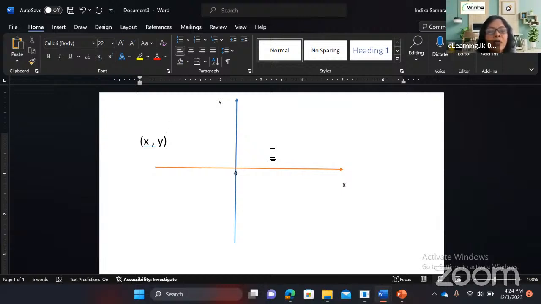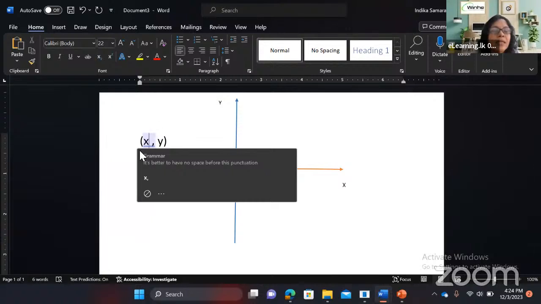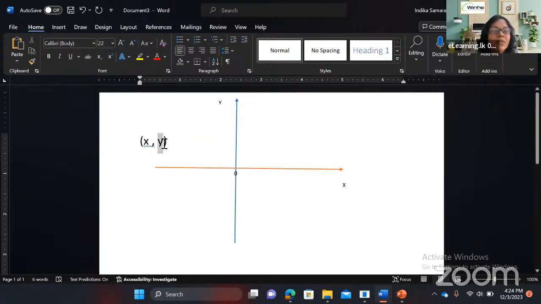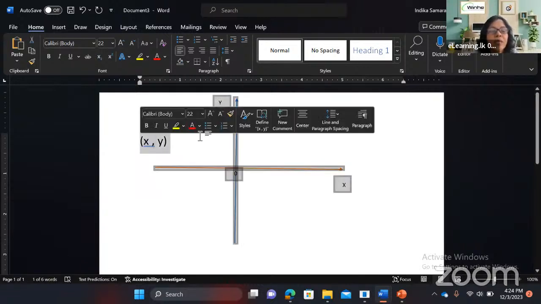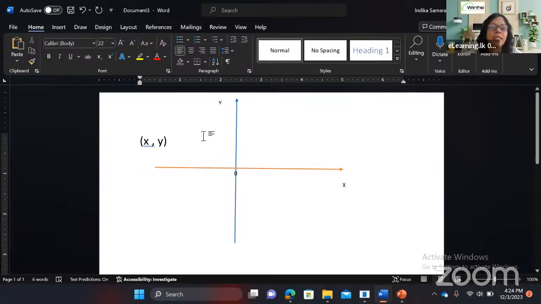Therefore, every point you have to represent as xy coordinates. For every point there is an x value and a y value. So the x value is written first, right? You have to write the x value of that point first, then the y value. This is the format we use for coordinates in the xy plane.